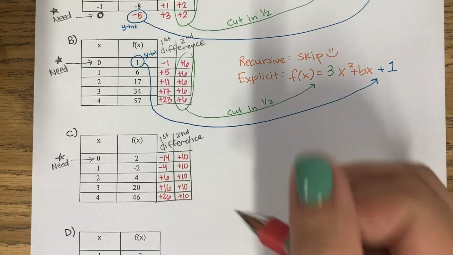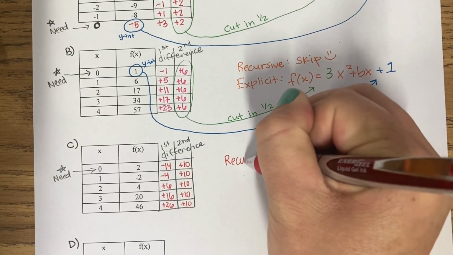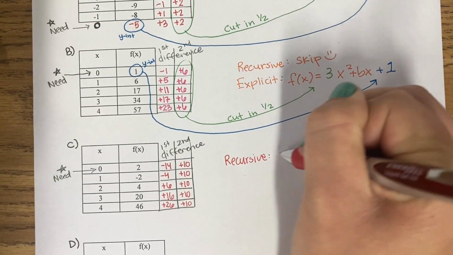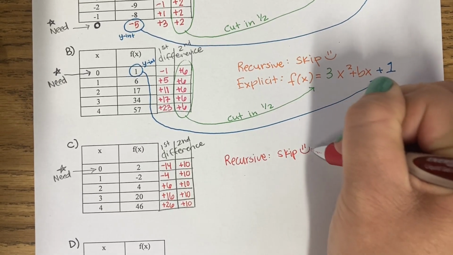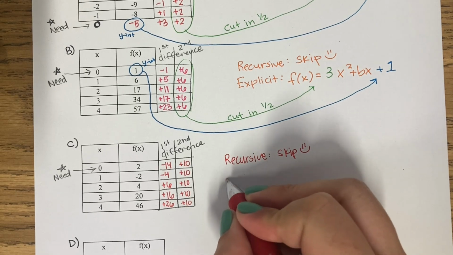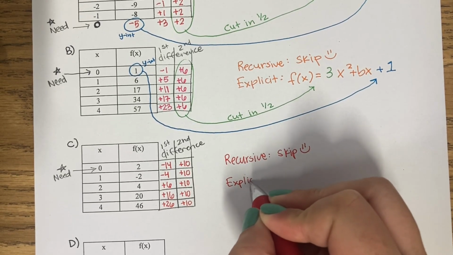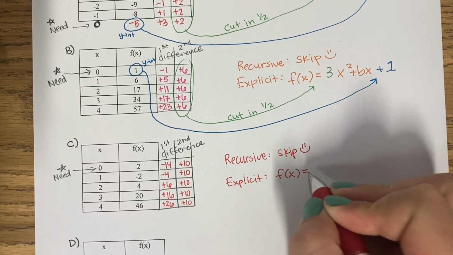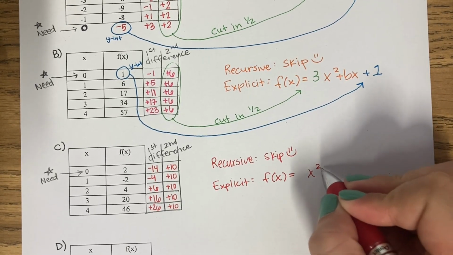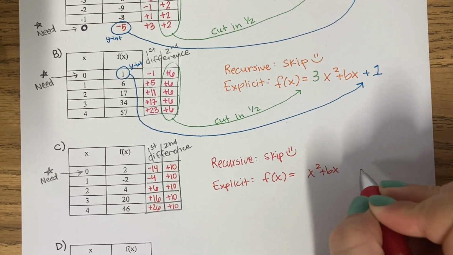We then write recursive. It's a quadratic. We get to skip it. Explicit. F of x equals ax squared plus bx plus c.